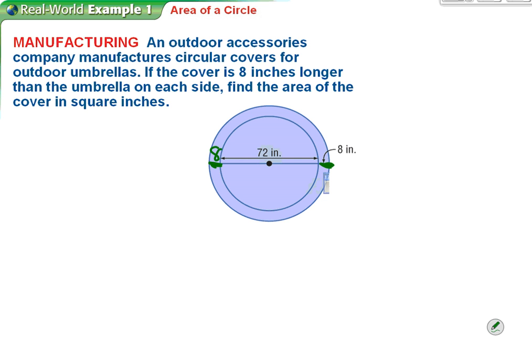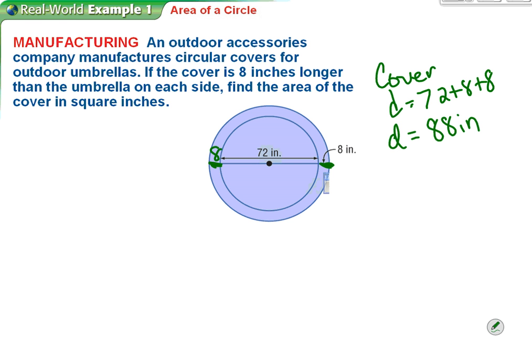So the cover diameter is equal to 72 plus 8 plus 8, or plus 16. And so the diameter is equal to 88 inches.